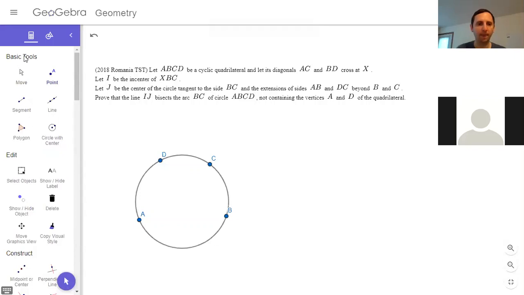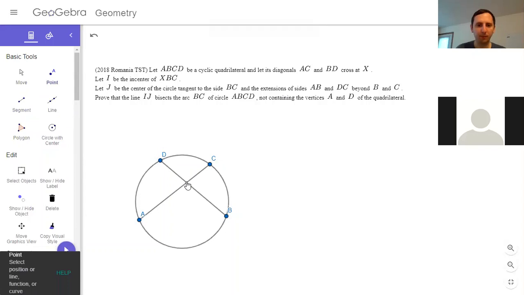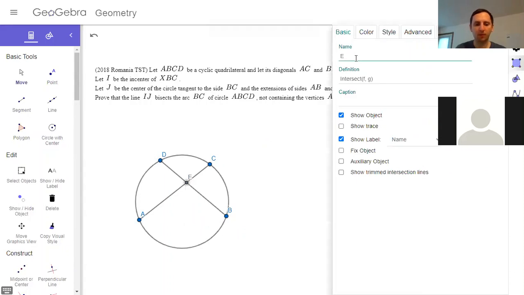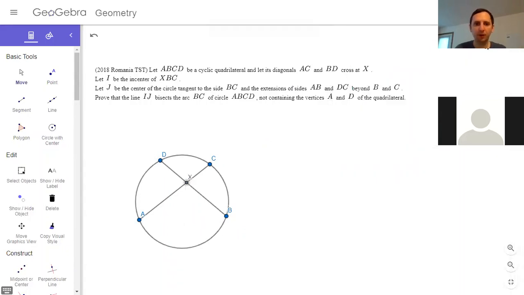AC and BD meet at X. All right. I is the in-center of XBC.